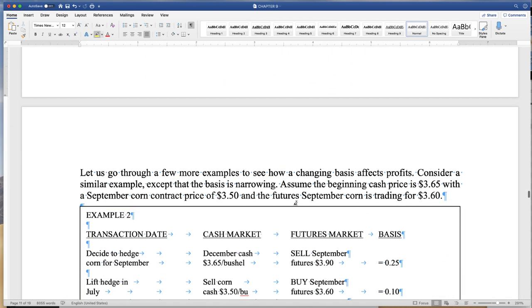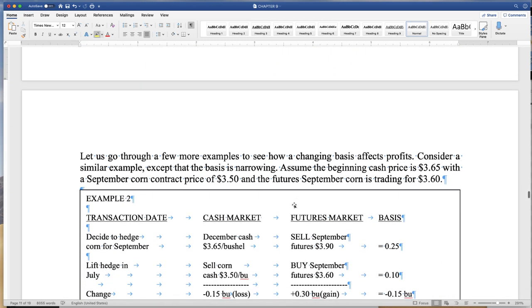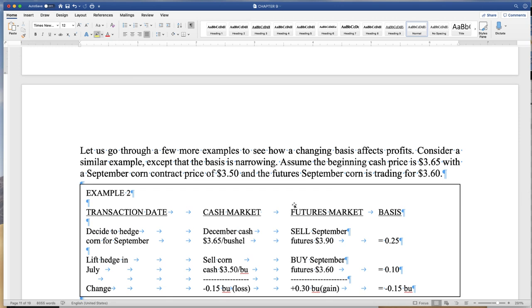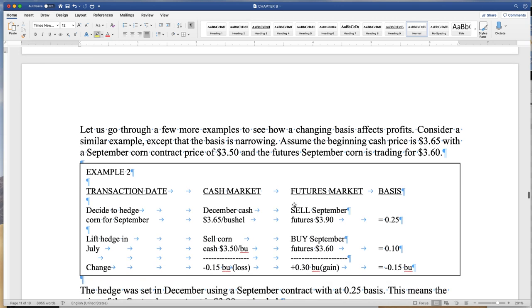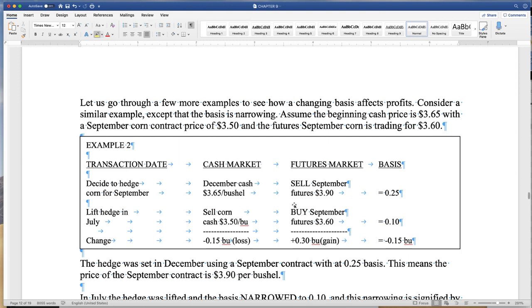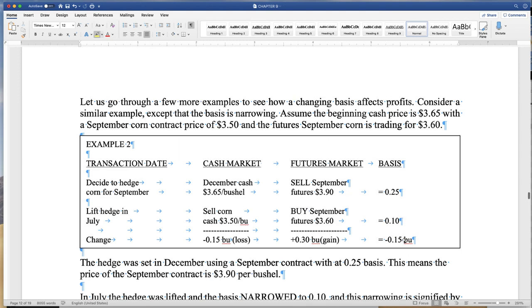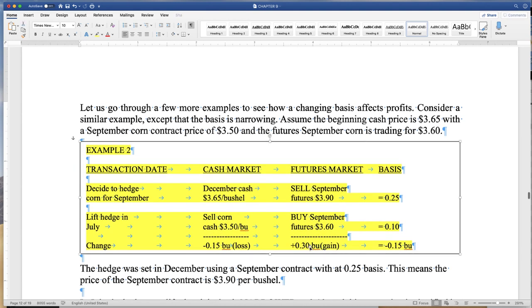There's another example here, and this one is an example where we are selling again. In this example, the basis did not stay the same. It changed, so make sure you take a look at this second example. It looks like we made 30 cents in the futures, and we only lost 15 cents in the cash.